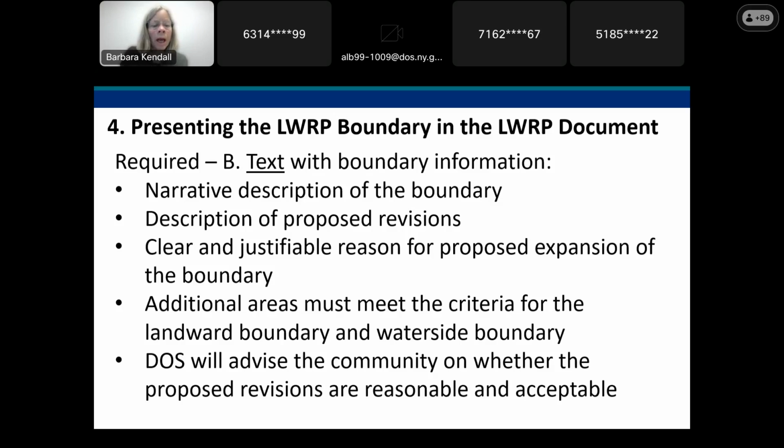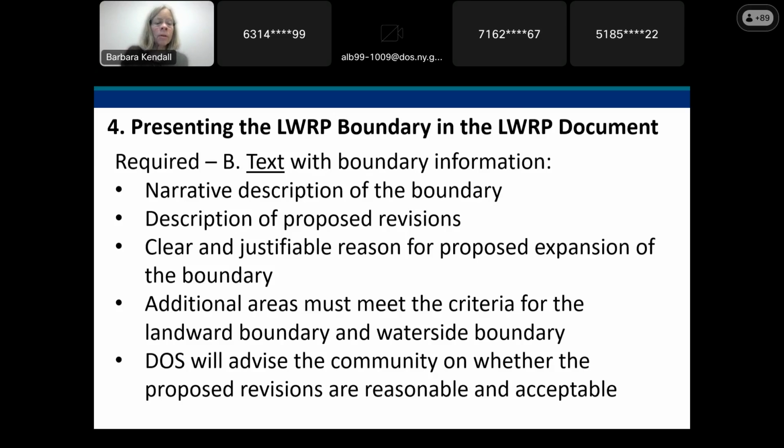You also need to have a description of any proposed revisions to the coastal boundary. That does not apply to inland waterways. I think that has been misinterpreted by some people. For inland waterways, you're starting at square one because we don't have a coastal boundary. So for inland waterways, you're looking at your waterway and defining and saying, here are my resources and this is why. For the coastal area, if you want to expand it inland, you're proposing to revise the coastal boundary.